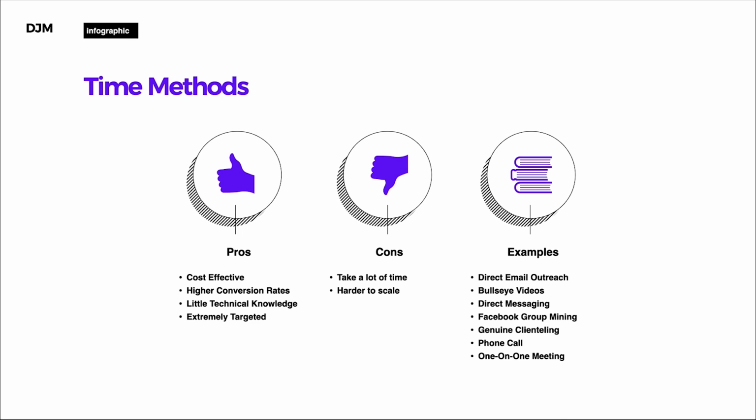Phone calling people is also a time method because you are spending time on the phone in order to do the marketing. And one-on-one meetings are also an example of a time method. As you look at this list, you can obviously see that these are extremely targeted. These are very specific, and you're deciding what is going to happen and when it's going to happen.